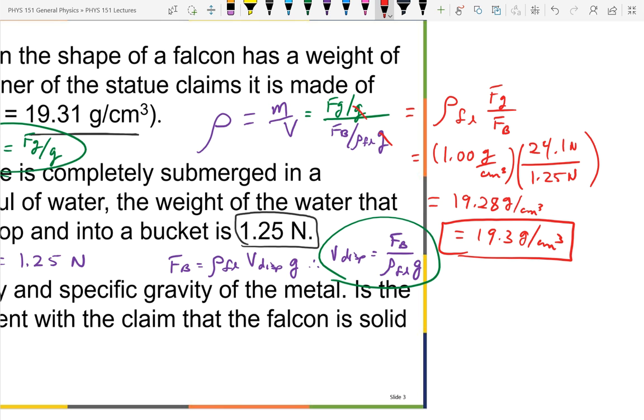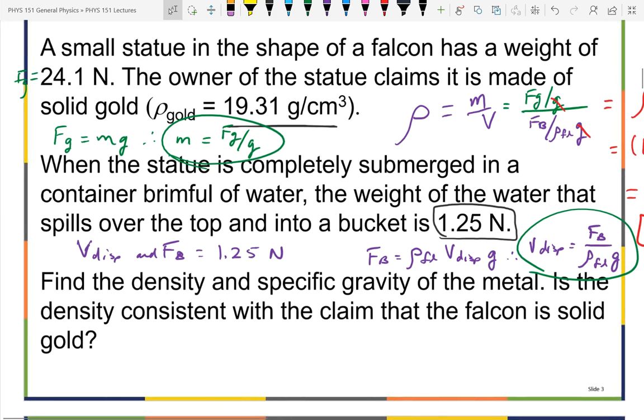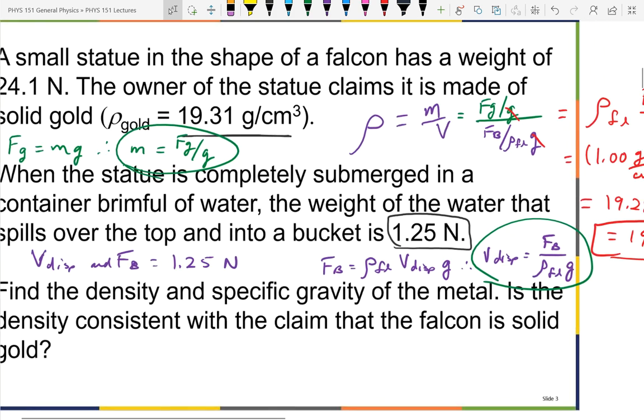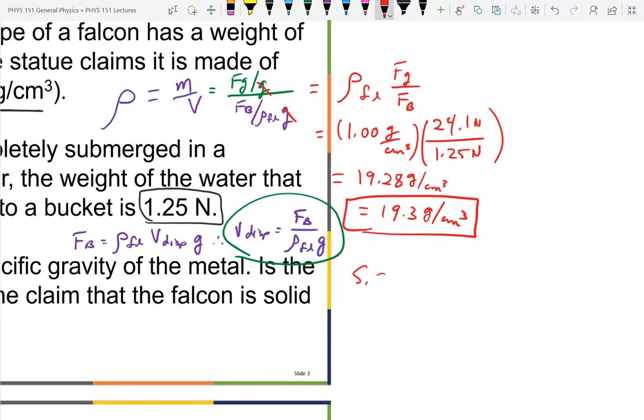That's the density. Is that going to match with the gold? I have 3 sig figs to 3 sig figs. They're exactly the same. I'm going with this being pure gold. What's the specific gravity? Do you remember how to do that?